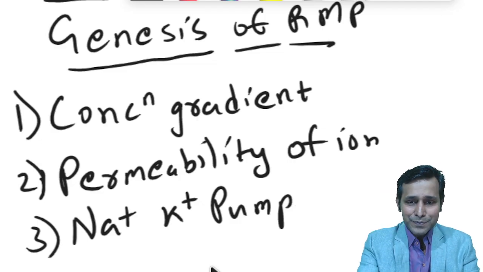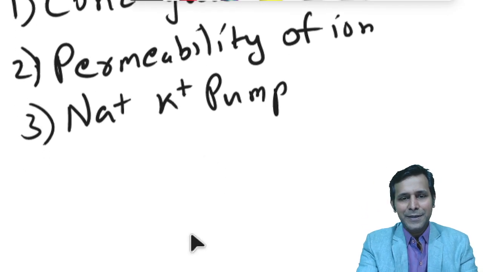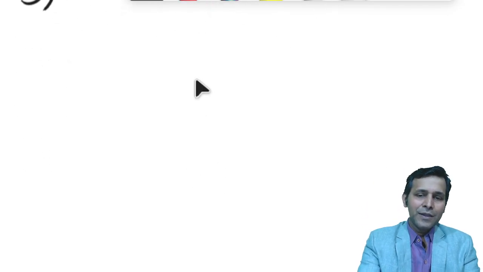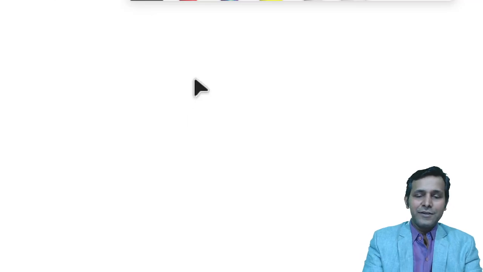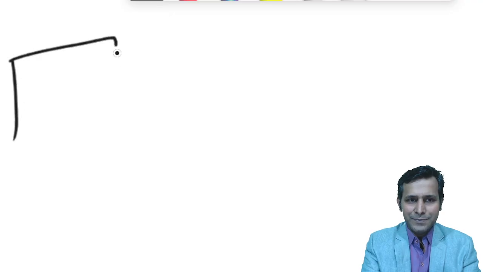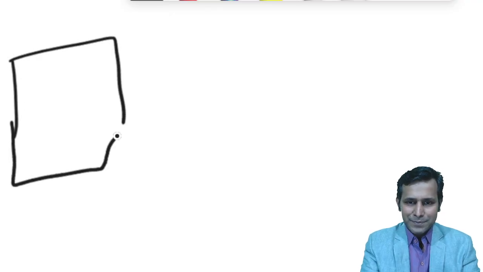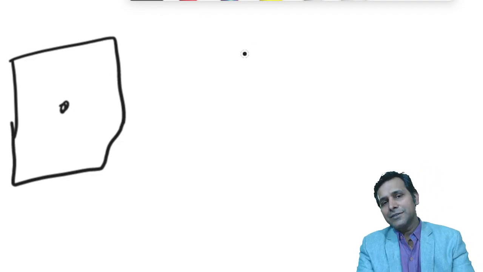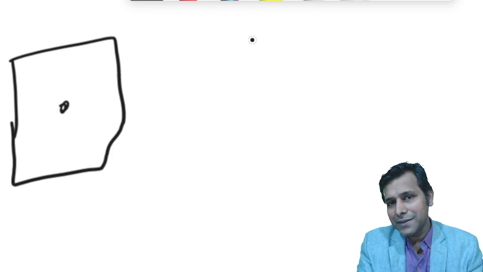Let us go with one example here. We'll take an example of a nerve cell which has minus 70 millivolts. I'll just draw a cell over here, and we will write down those three ions which primarily determine the RMP.